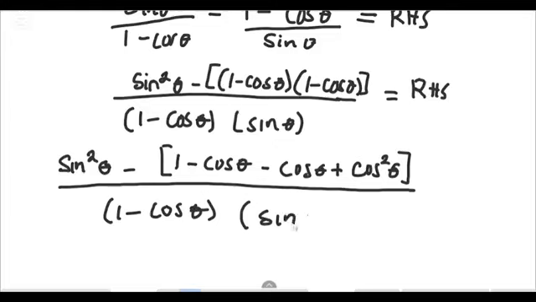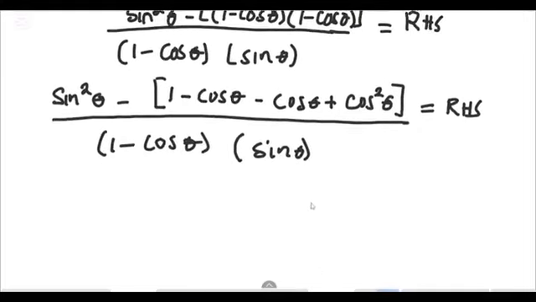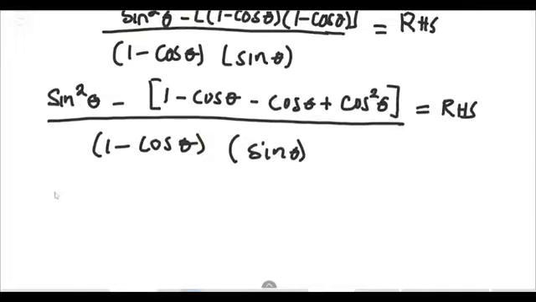Again we have sine theta, like that. Then we equate to the right hand side. This is what you want to prove. So that is what you are going to have. From here we can try to simplify something. We are going to write sine squared theta minus. Now we can notice that here we have negative cos theta minus cos theta. These are like terms.